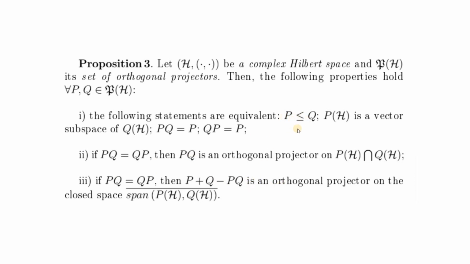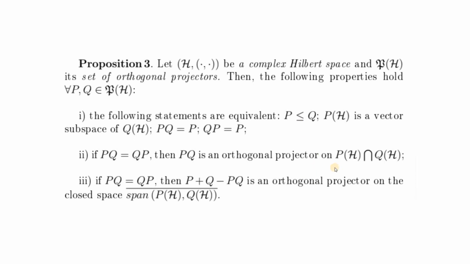This partial order is defined in terms of positive operators. We will not go into detail. The important thing is that you can define a partial order, and that partial order will allow you to define a lattice structure on the set of the orthogonal projectors, and that these special properties, when two projectors commute with each other, will give this lattice some special properties.